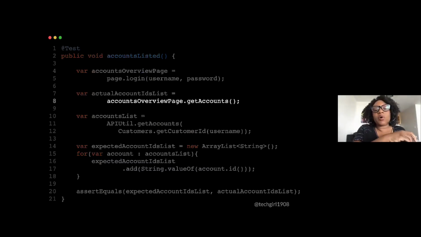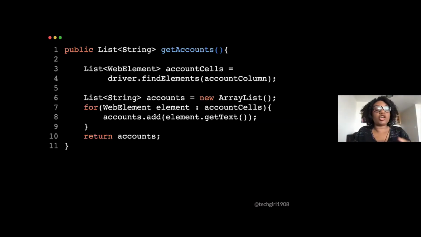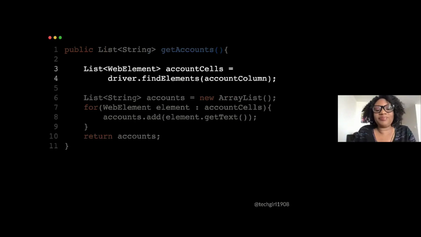How about we go inside of this get accounts method? Now remember, this is the table, and we're getting all of those values in the first column labeled account. So here's the code that does that. And we see here, it finds all of the account cells, right? These are web element objects.